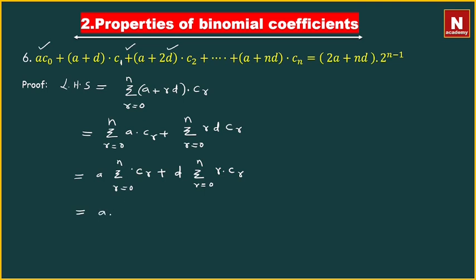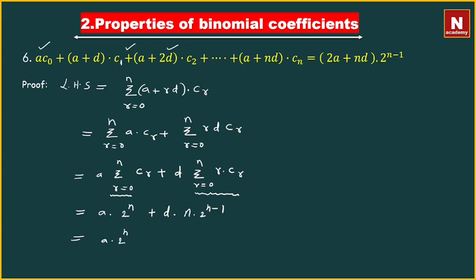Now this equals, by property number 1, sigma R equals 0 to n CR equals 2 power n, plus, by property number 5, D into this part, which will be n into 2 power n minus 1. This is from property number 1 and property number 5. Now here 2 power n we can write in terms of 2 power n minus 1.